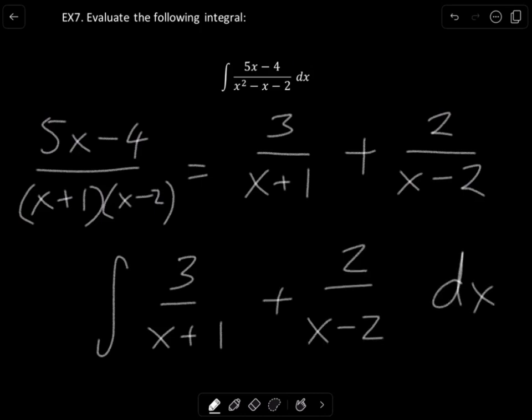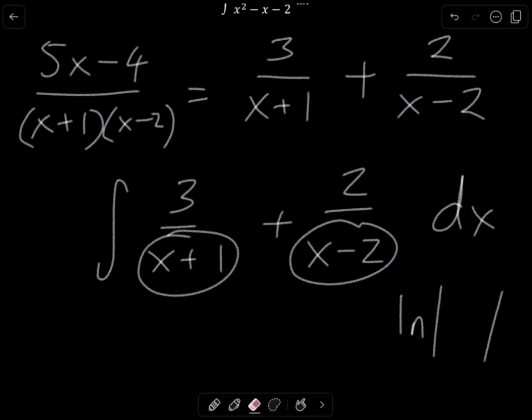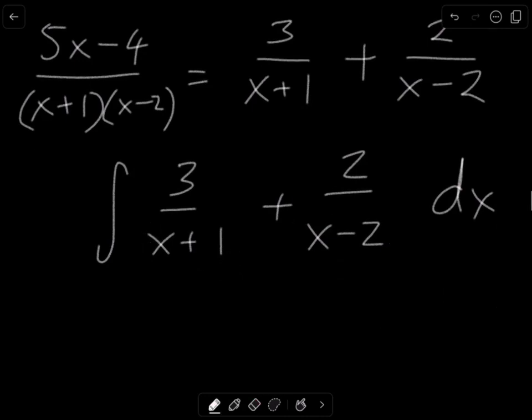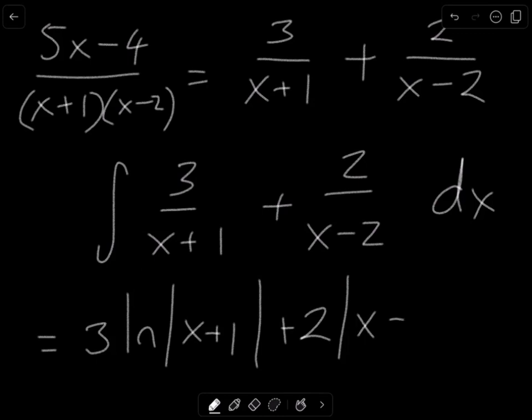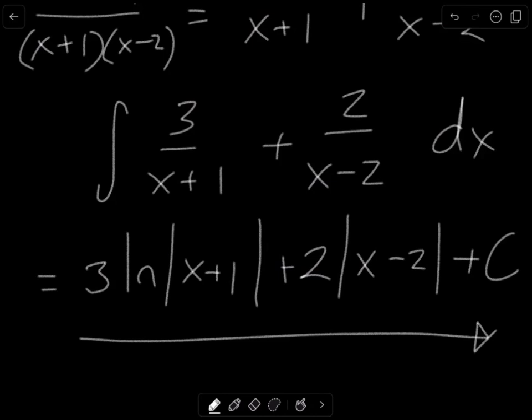This is what we did in prerequisite 1. We can use u substitution on each separately to integrate them and get something of the form ln absolute value of something. I'm going to do the shortcut method. This integral will be 3 ln of absolute value x plus 1 plus 2 ln of absolute value x minus 2 plus c. And that's how you integrate a rational function by using partial fractions under case 1.